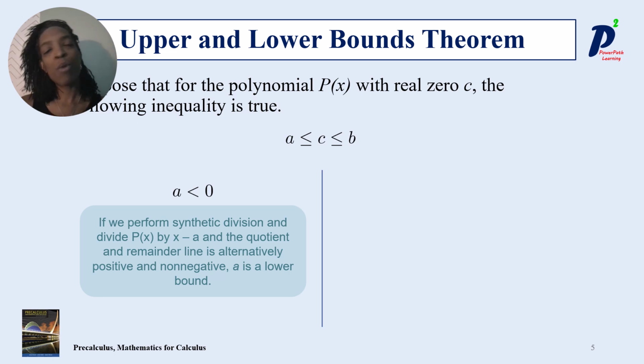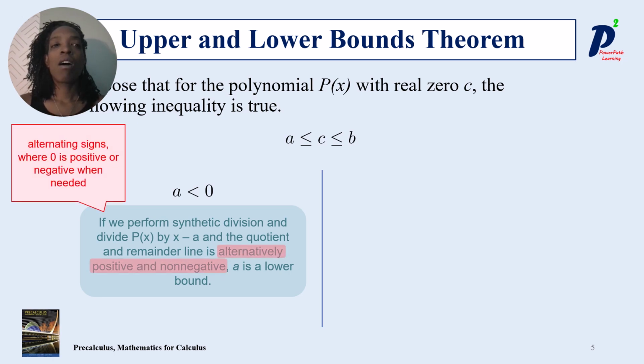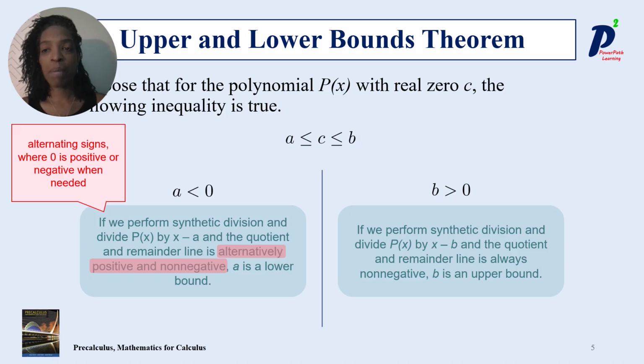It just means that in that quotient remainder line, we basically have alternating signs, and zero can be either positive or negative as needed. On our upper bound side, when we divide our polynomial by x minus b, we want to look at the quotient and remainder line and look for non-negative entries. Now just keep in mind, zero can satisfy that, so non-negative. Then b is an upper bound.